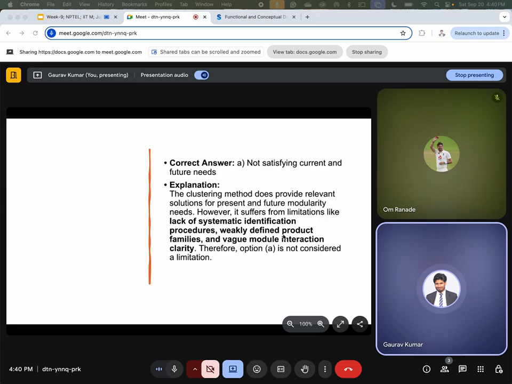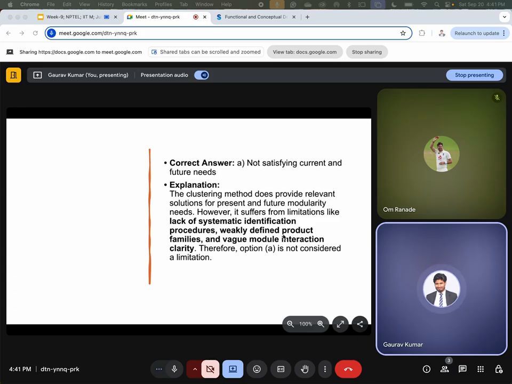Additionally, module interactions are not always well defined in clustering. So designers may group components effectively but overlook the nuance of how those modules will interact in real world use. So this can lead to inefficiencies or design conflicts.